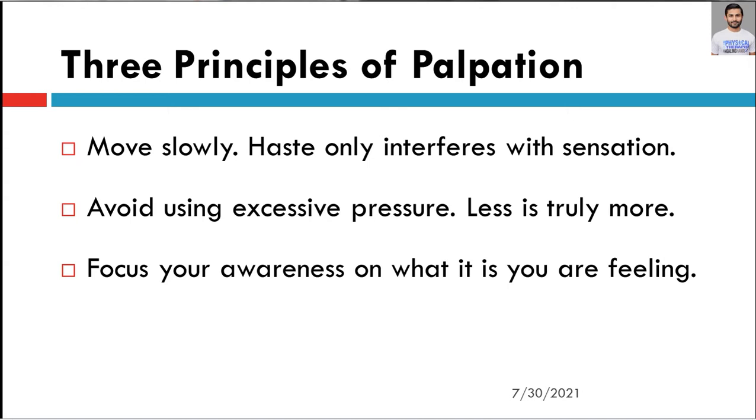Now, of course, you need to establish in your mind whether you are trying to palpate a muscle, a tendon or a ligament, or a bone or a blood vessel or any other thing. We will try to differentiate between these structures when we discuss this practically.